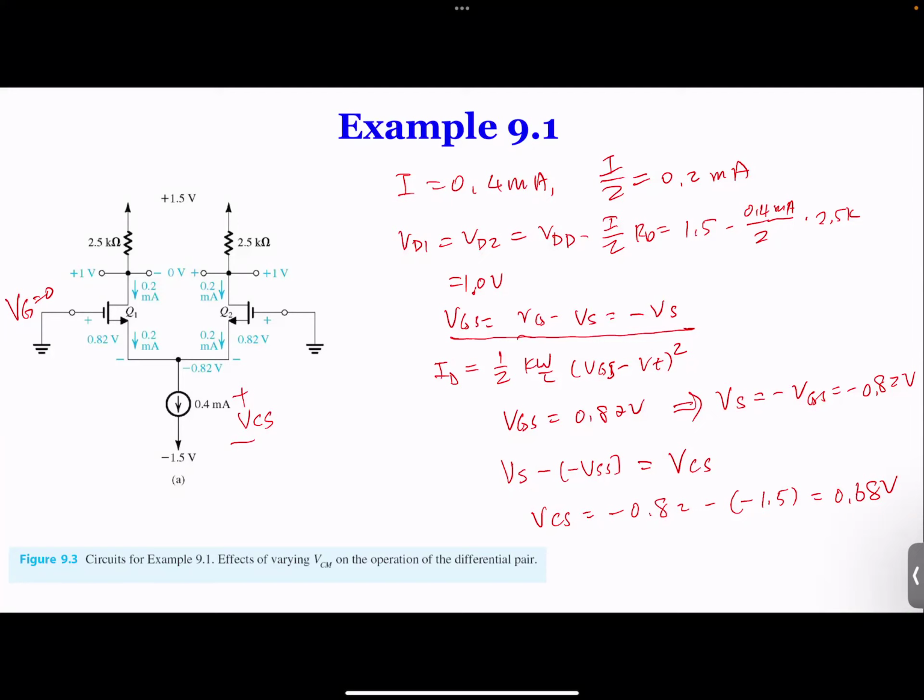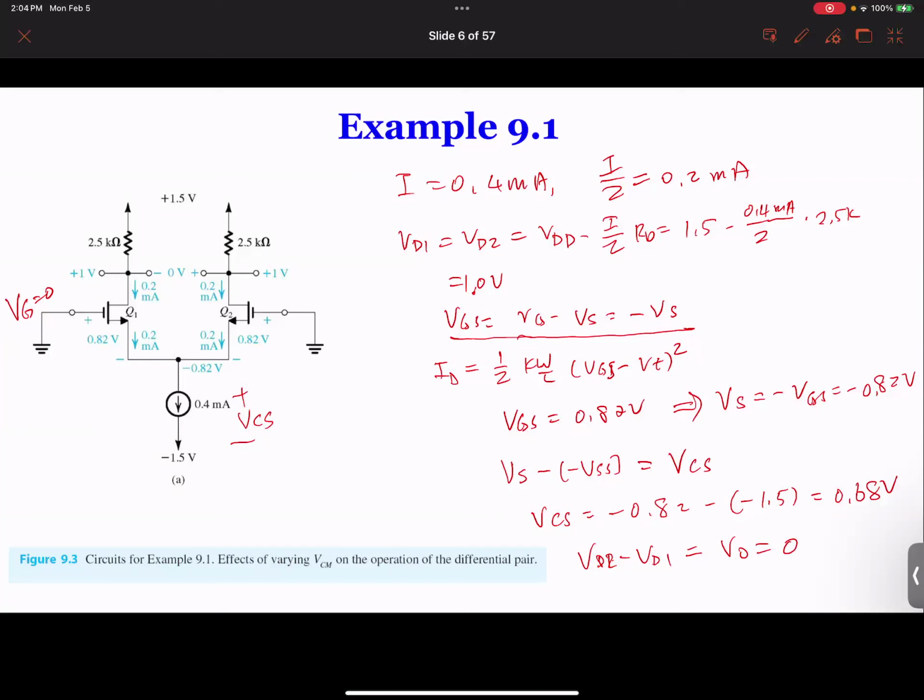So the next step is that we're going to look at what happens when the gate voltage is not zero. When the gate voltage is zero, we know that the output, of course I need to write down here, is VD1 minus VD2, or VD2 minus VD1 in this case, equal to VO equal to 0. Let's make a little correction here so we don't get confused.